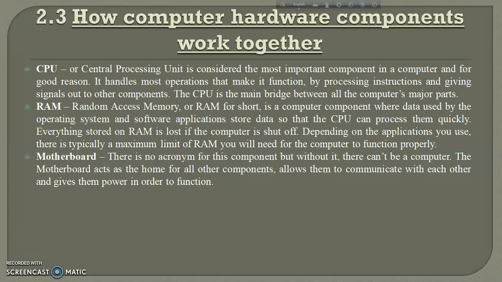RAM, Random Access Memory, is a computer component where data used by the operating system and software applications is stored so that the CPU can process it quickly.